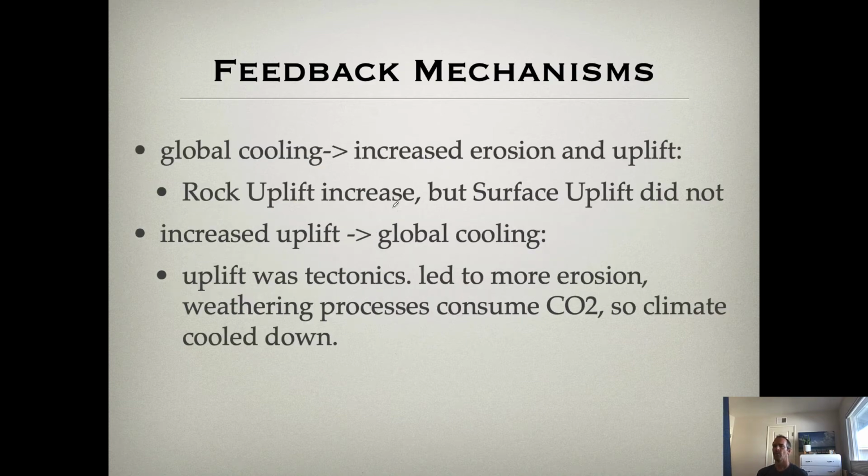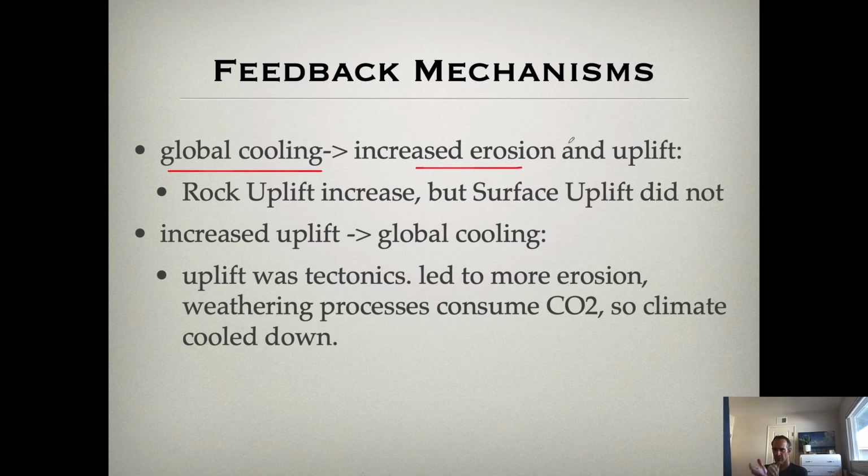So what has been discovered is that there are feedback mechanisms that are probably at play here. And first, if you cool the Earth, we seem to get a corresponding increase in uplift and erosion. Okay, and why is that? When you start to cool the Earth, you start to form more glaciers, and you actually increase erosion in these mountain ranges.